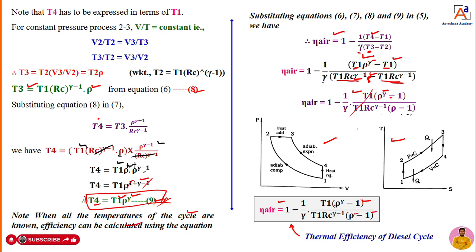Here rho is the cutoff ratio and gamma is the specific heat ratio. This is the thermal efficiency equation for the diesel cycle. If you want to calculate the efficiency of the diesel cycle, you can use this equation. This is one of the important derivations in our syllabus, dear students.